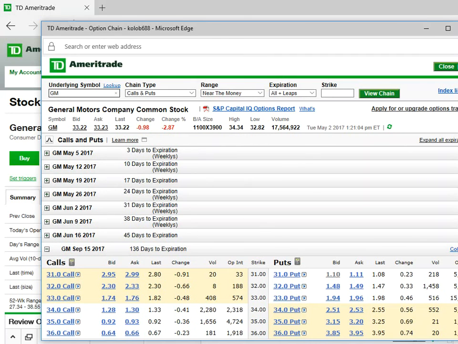Okay, but let's say it went down big. Let's say it went down to $27, and it expires 136 days from now. Well, what's going to happen is that you will automatically buy 100 shares of General Motors at $31 a share, and then the value of General Motors would be at $27, so you would instantly lose $400, but you do have this $110 of premium which you collected.